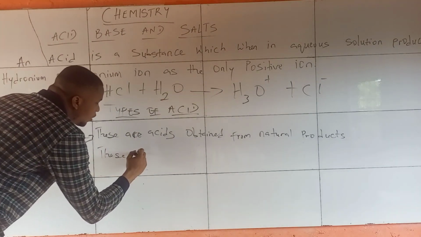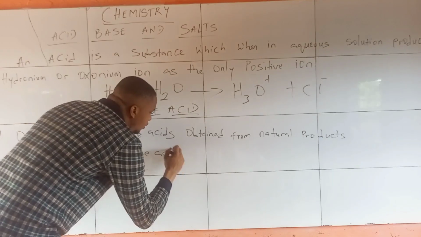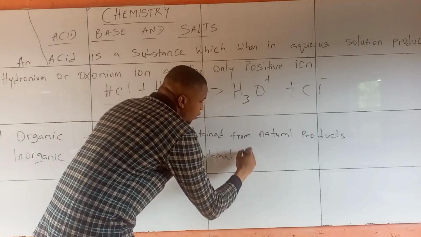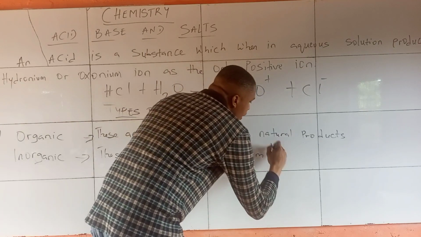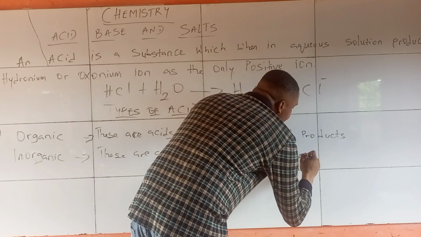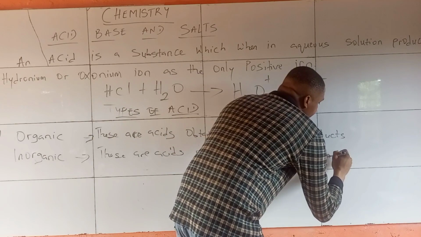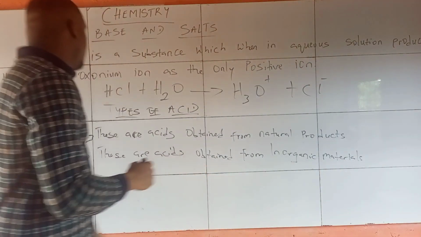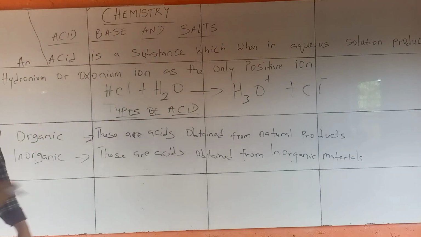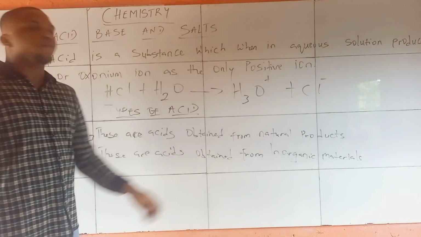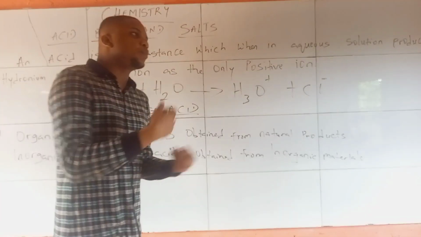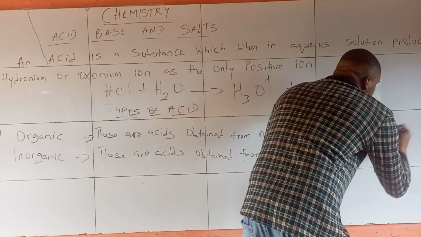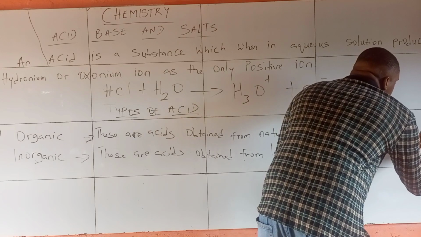These are acids obtained from inorganic materials. Let's go back to our organic acid. We said these are acids obtained from what? Natural product. This product can be plants and animals. Plants slash what? Animals.